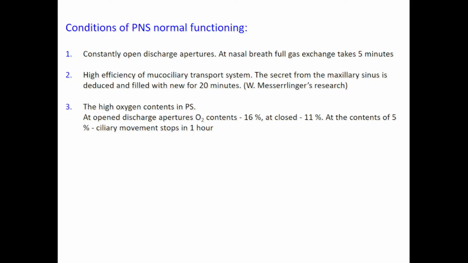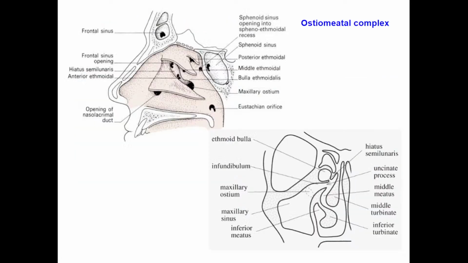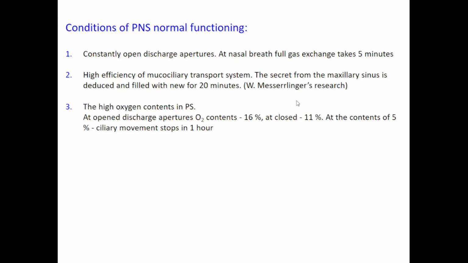And what are the conditions for normal functioning of the paranasal sinuses? The first is a constantly open discharge aperture. It means that if we look at the maxillary sinus, this passage must be open, and the maxillary ostium also must be open.